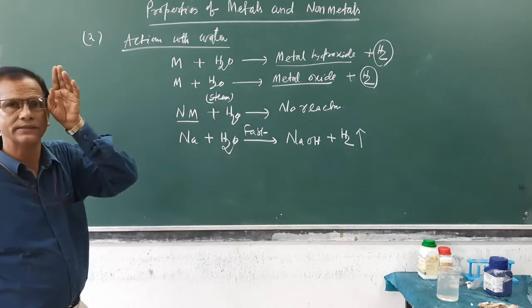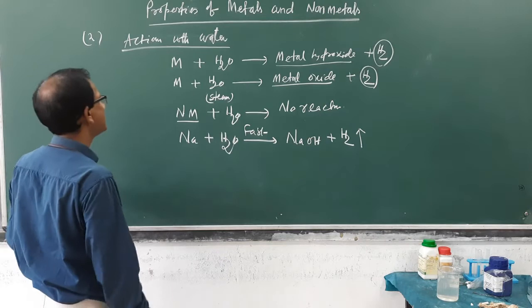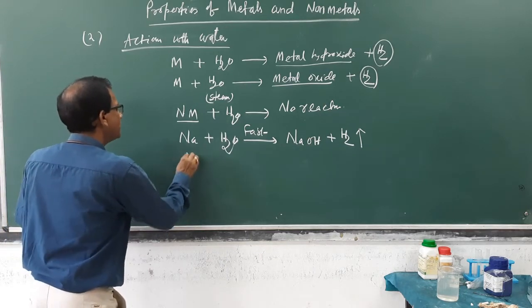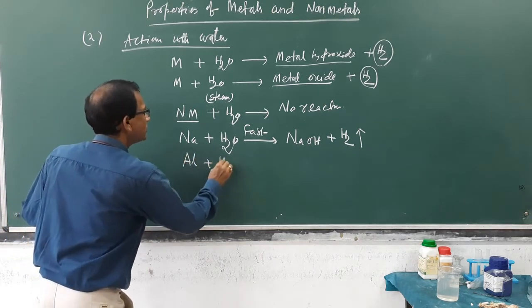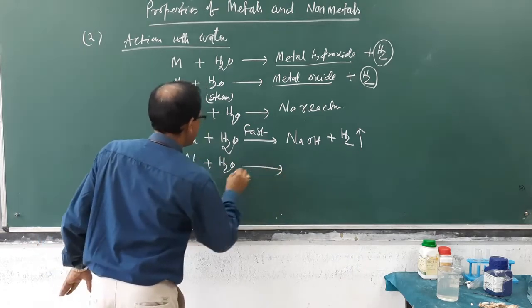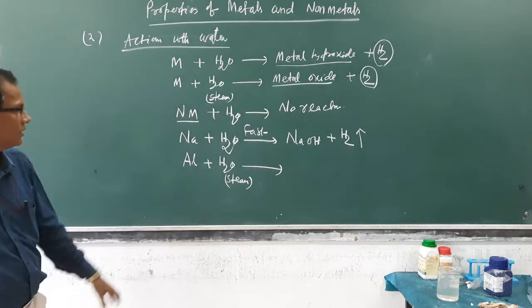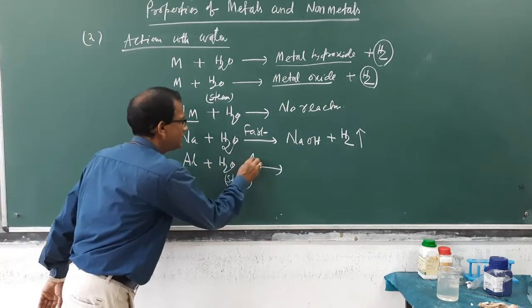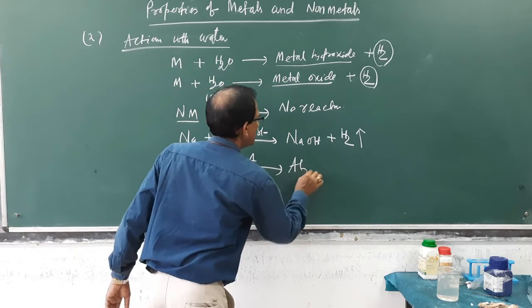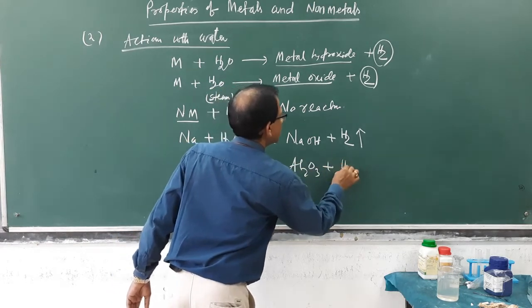But some metals, what are the metals? Some metals like aluminium react with water. Water means steam here, not liquid water. In the form of steam and strong heating, it produces aluminium oxide and hydrogen gas.